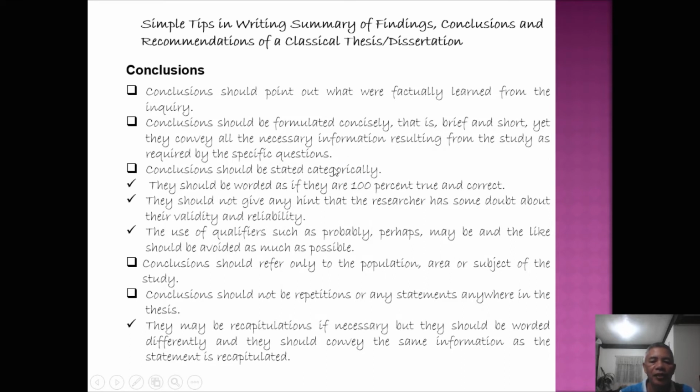Conclusions should be stated categorically. They should be worded as if they are 100% true and correct. They should not give any hint that the researcher has some doubt about their validity and reliability. The use of qualifiers such as probably, perhaps, maybe, and the like should be avoided as much as possible.